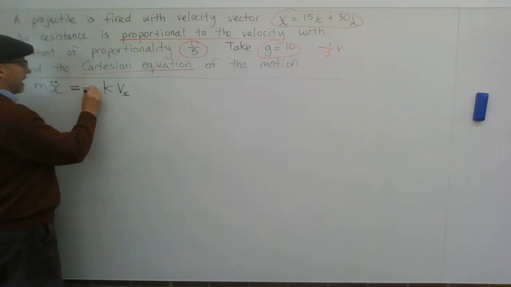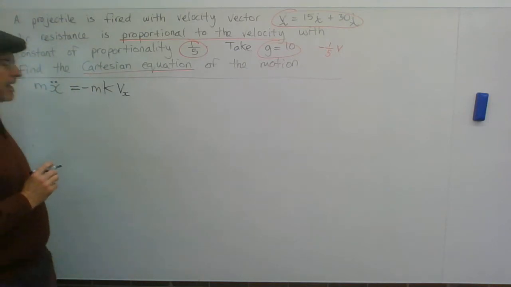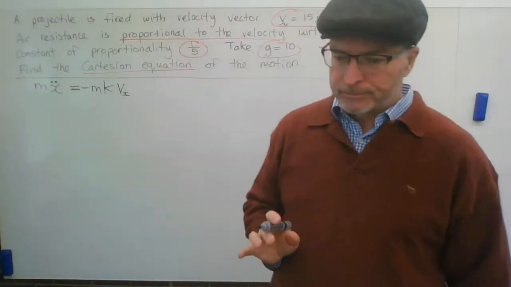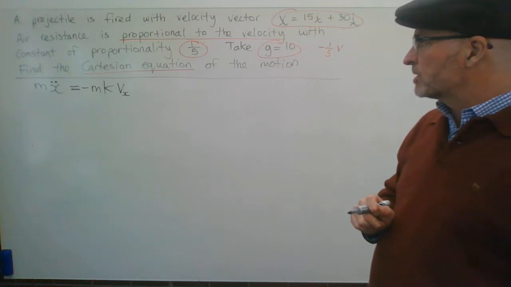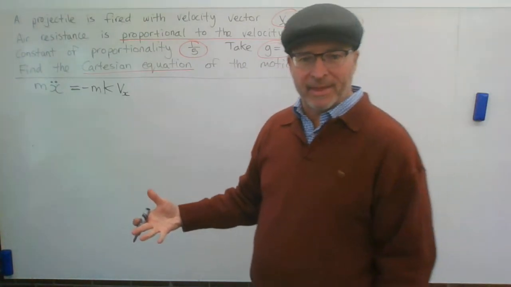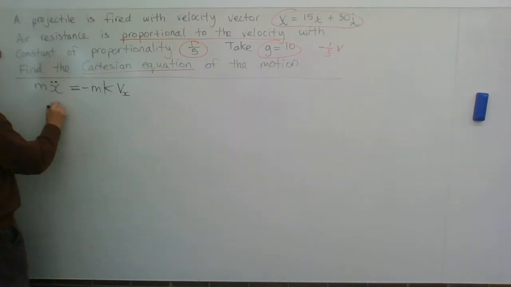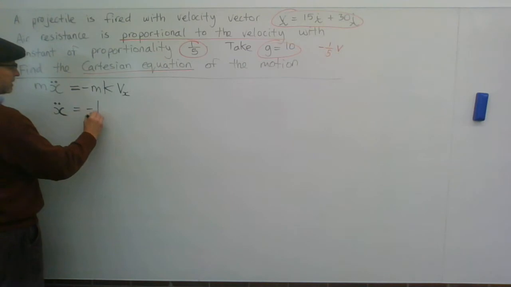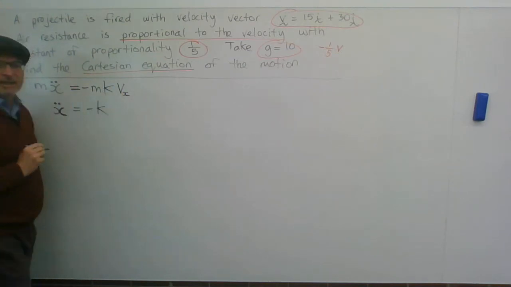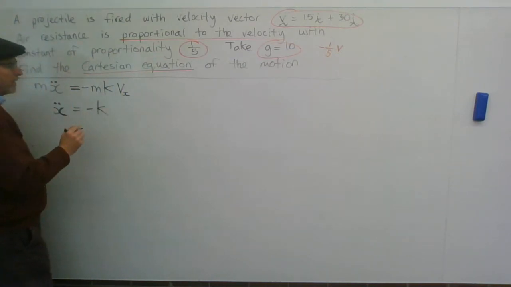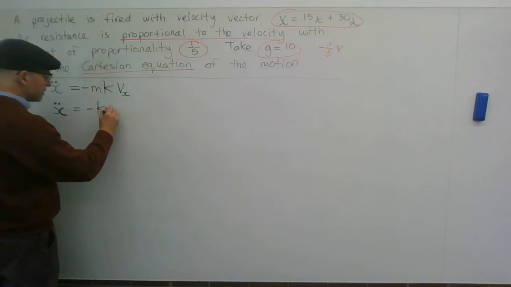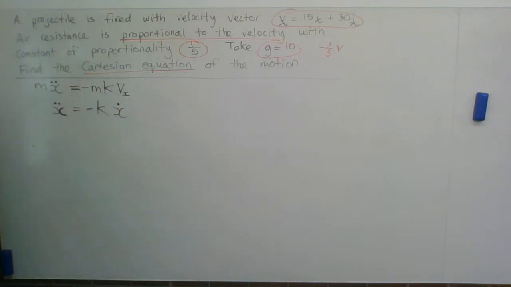So minus m k Vx, and that would be all. So that's the force equation there. I can divide out the mass to get the acceleration horizontally is equal to minus k times the velocity horizontally, which is often referred to as x dot.